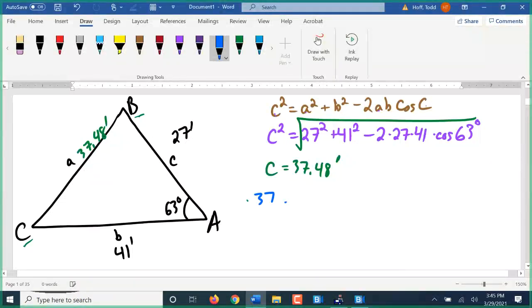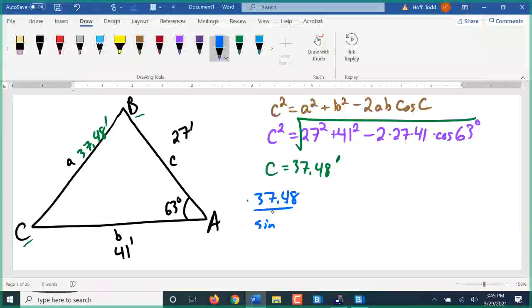So I now have my 37.48 feet over the sine of 63 equals, which side am I going to use? 27 over the sine of B. 37 will be across from 63.